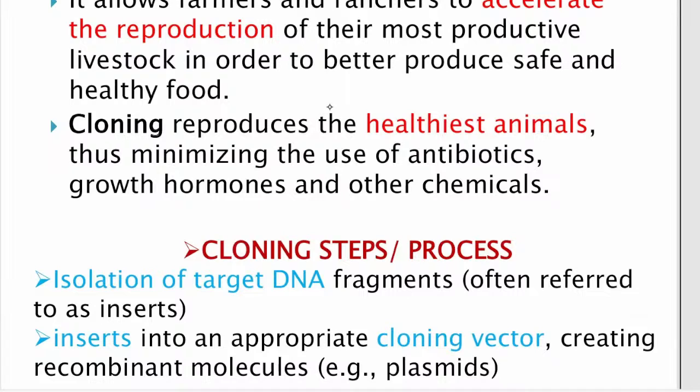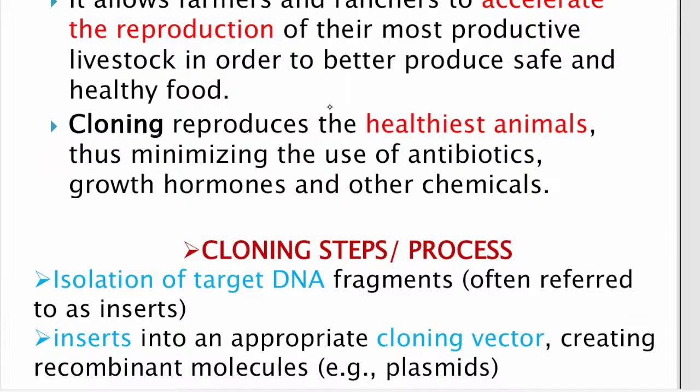And number two, it produces healthier animals. Why healthier? Because it does not involve sex. The moment you put in sex, it becomes dirty, because sex comes with diseases, we start to transfer different diseases.